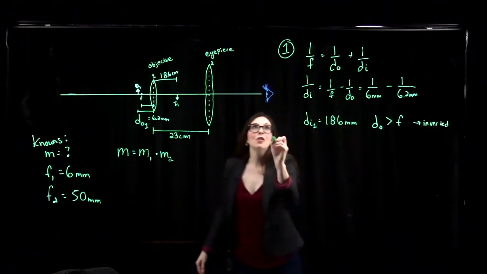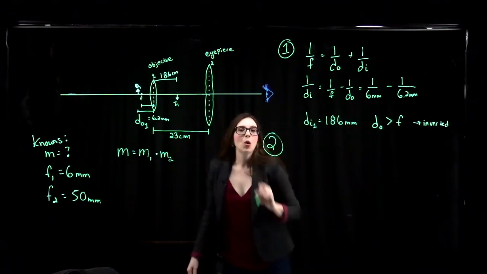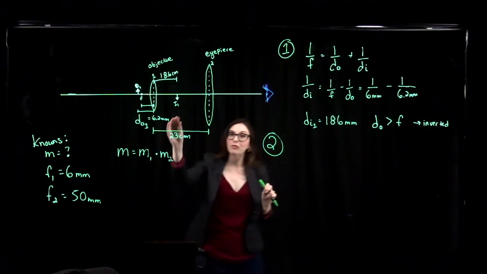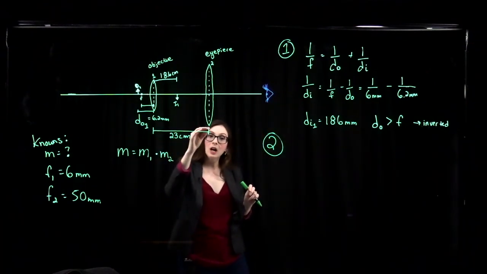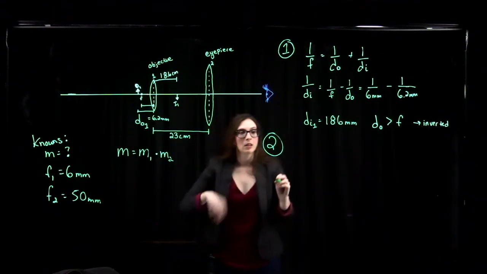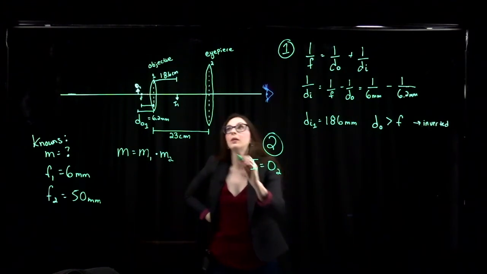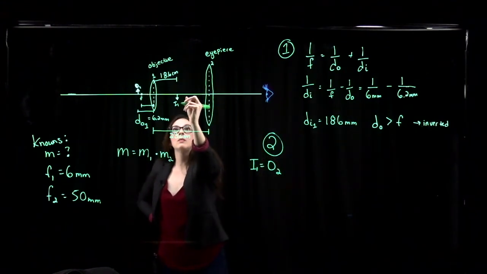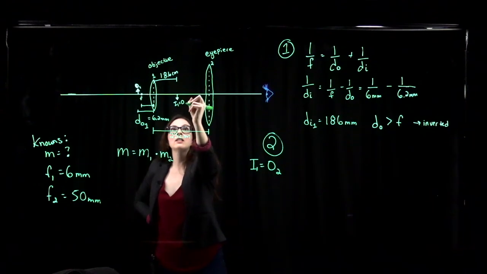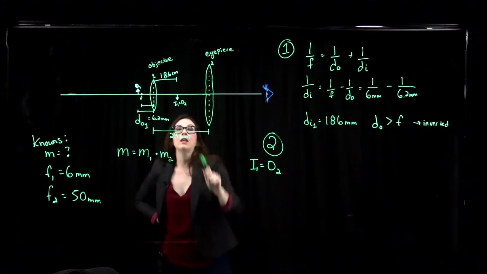Now, for our second lens, the image from my first lens becomes the object for my second lens. So I1 is equal to O2. This image right here becomes the object for my second lens, my eyepiece.